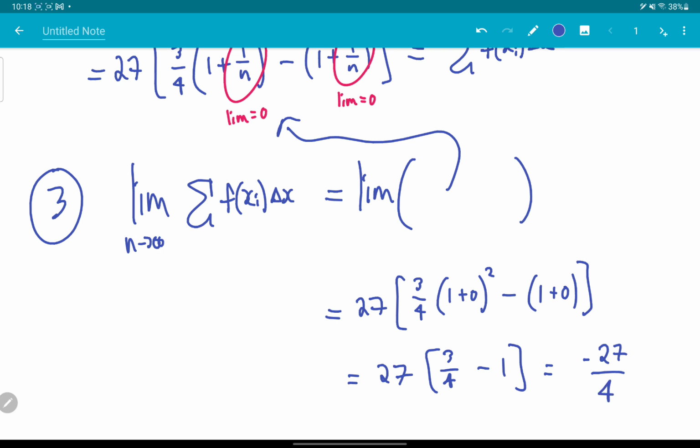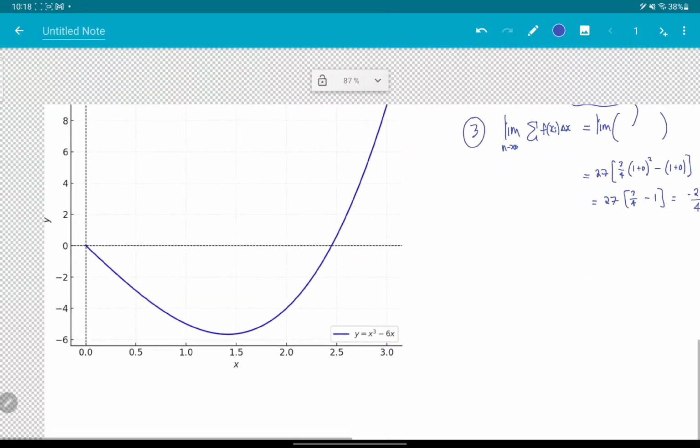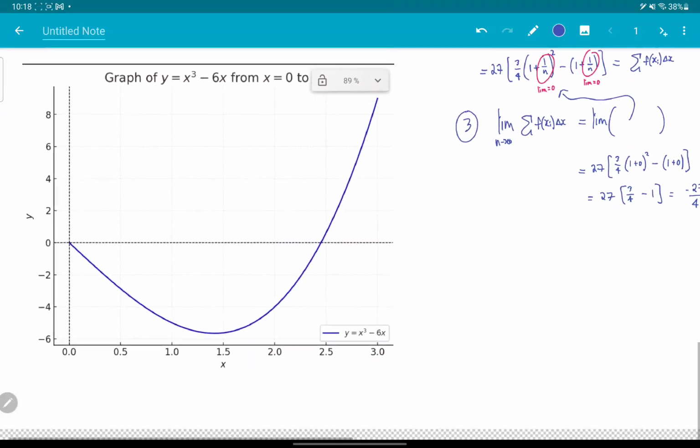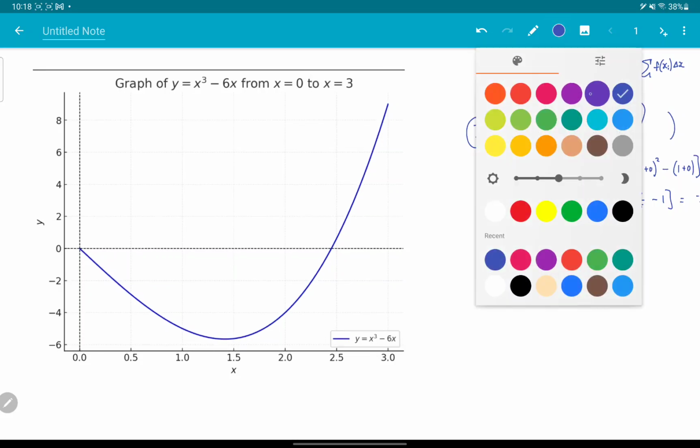So our integral ended up being negative. So I'll pause for a moment, let you catch up, and then we'll look at the graph of this situation. It's negative because, well, look at this function. Pause and copy this. So I'm going from 0 to 3.